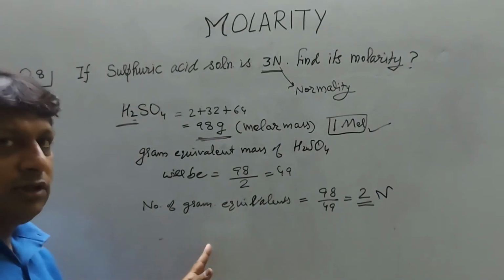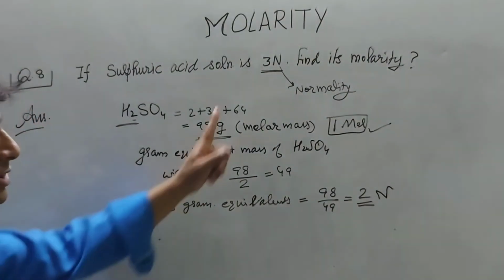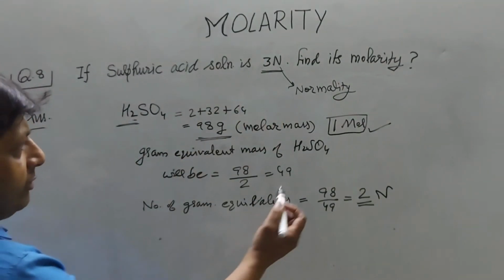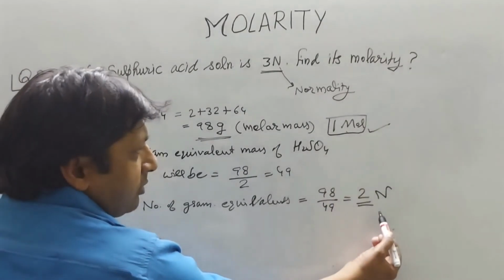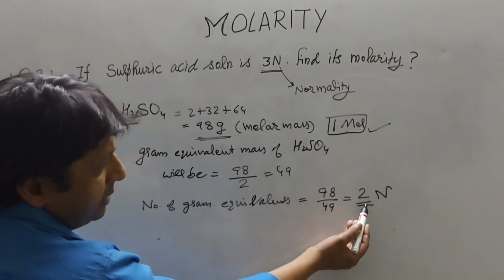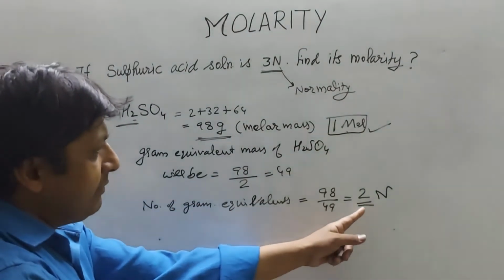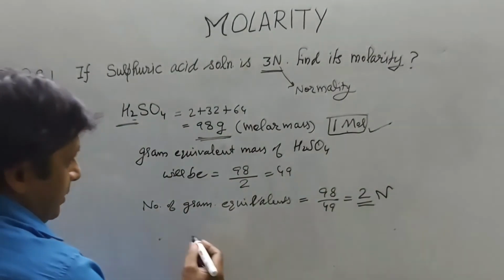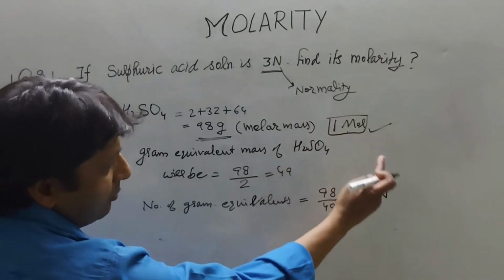I will talk about the normality and many other topics in the next video. Let us try to solve this question. If we convert molarity into normality, then we will have to multiply it by 2. If we convert normality into molarity, then we will divide it by 2. Molarity is 1, then normality is 2.